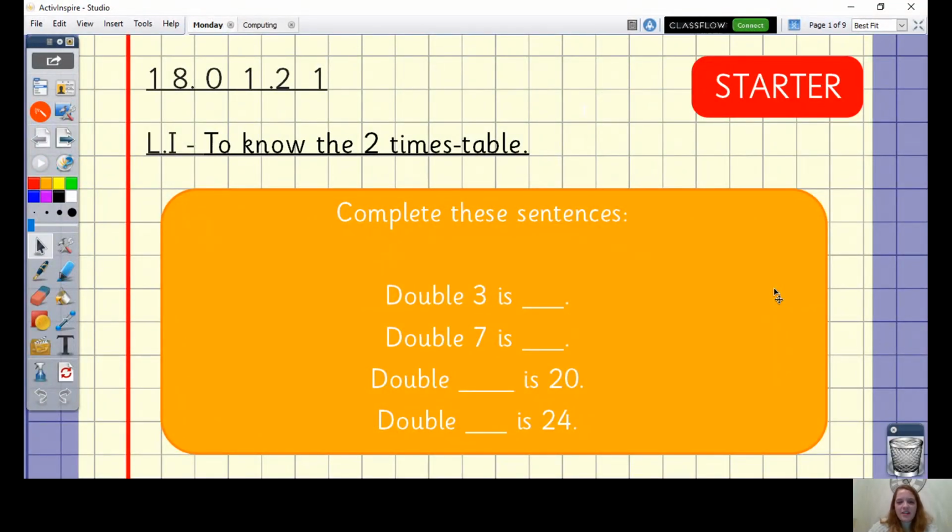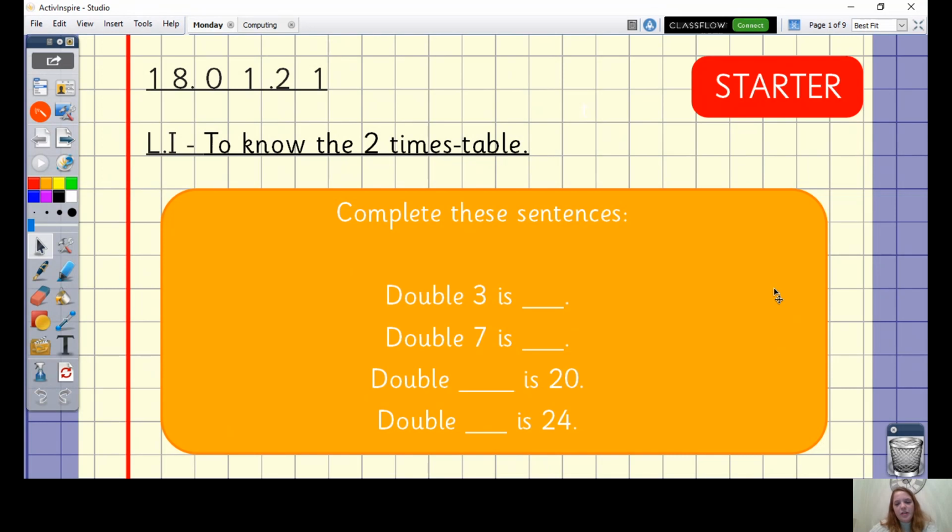Just before we start our learning, we're going to revisit the learning we were doing on Friday. You were learning to double on Friday. So I'd just like you to have a go at completing these sentences. The first one is double 3 is, double 7 is.